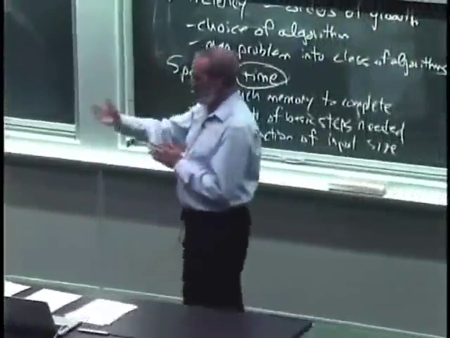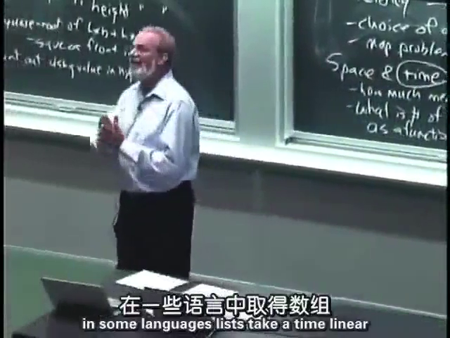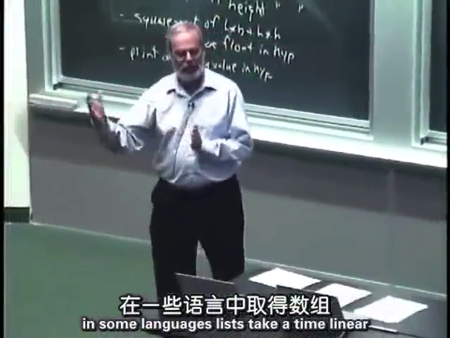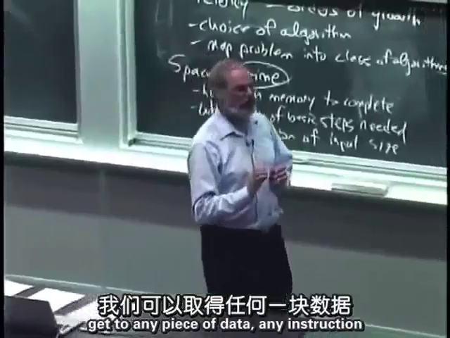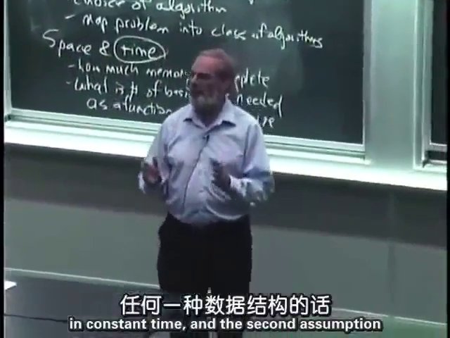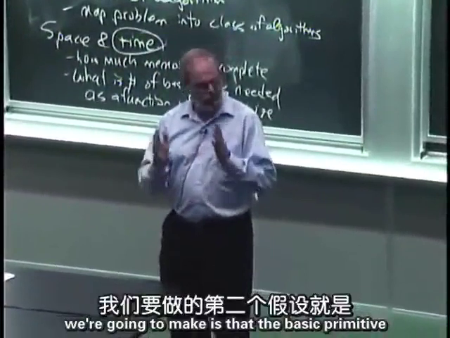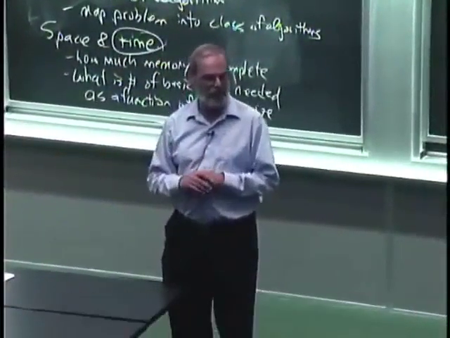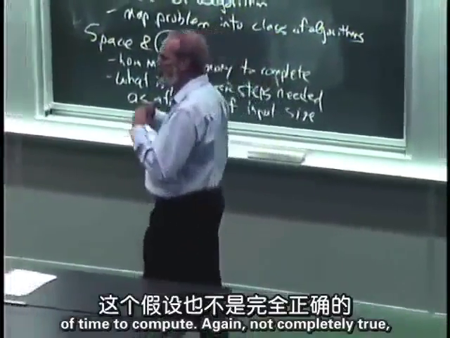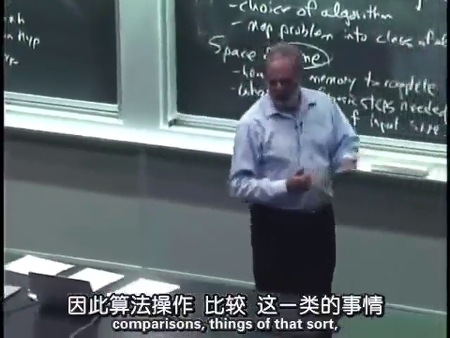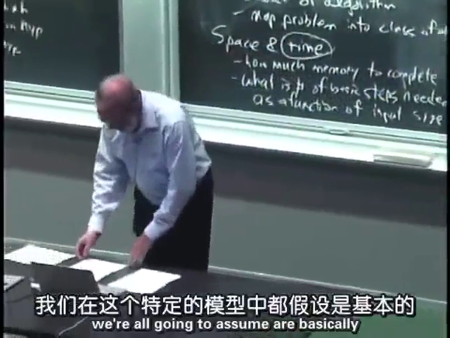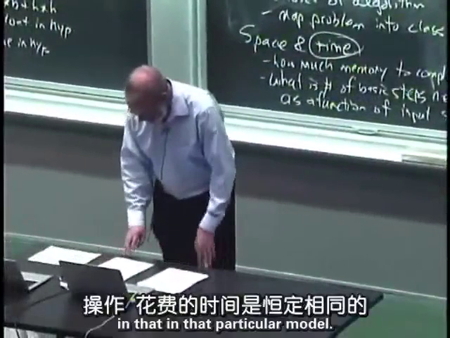In fact, Professor Guttag already talked about that. In some languages, lists take a time linear with the length to get to it. So we're assuming we can get to any piece of data, any instruction in constant time. And the second assumption we're going to make is that the basic primitive steps take constant time, same amount of time to compute. Again, not completely true, but it's a good model. So arithmetic operations, comparisons, things of that sort, we're all going to assume are basically in that particular model.